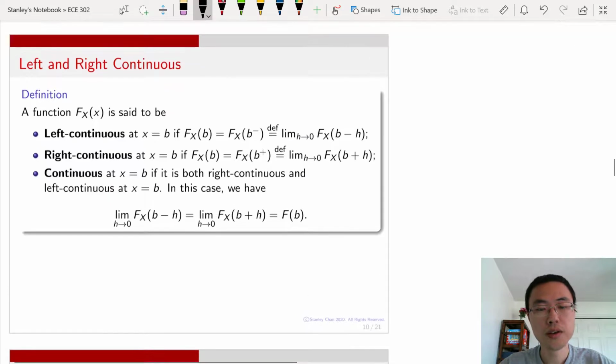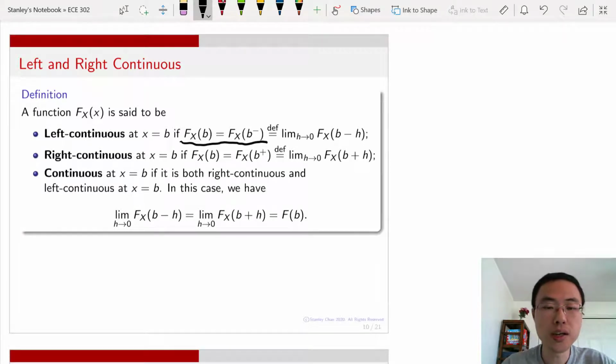Okay. Now we're going to discuss the fifth property of a CDF. This would involve some effort. First of all, I want to define this notion of left and right continuous. A function f(x) is said to be left continuous if this f(x) evaluated at b equals this f(x) evaluated at b minus.